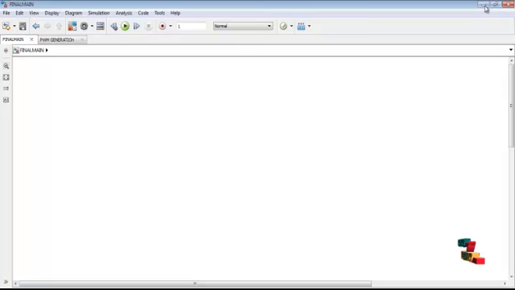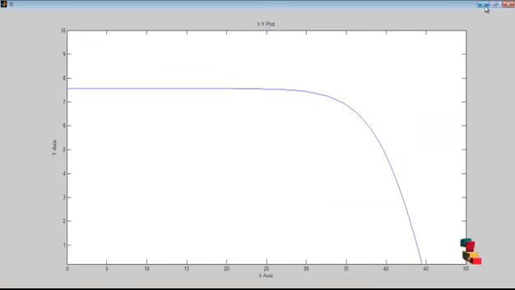First one, the IV curve, is plotted between the solar current and solar voltage of the solar panel. So this is the IV curve. The y-axis is current, the x-axis is voltage. Next one is the PV curve. The PV curve is plotted between power and voltage in the solar panel.